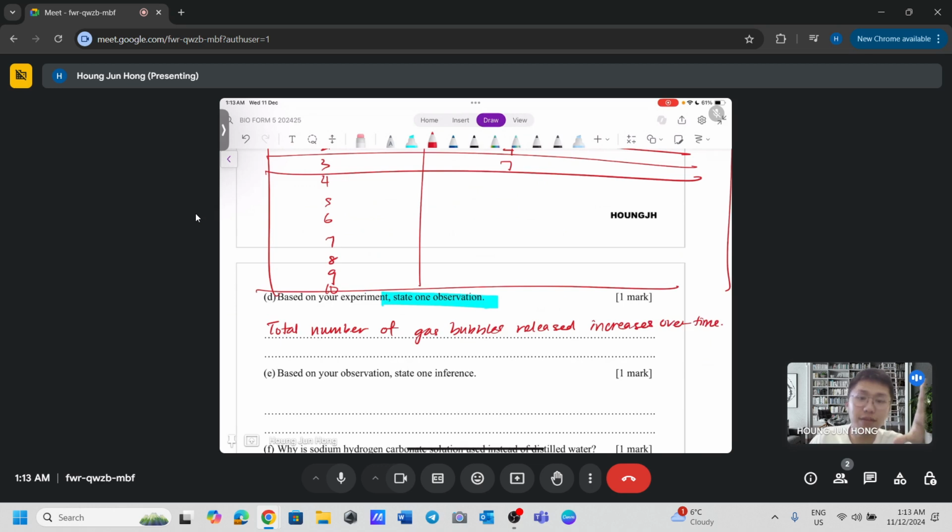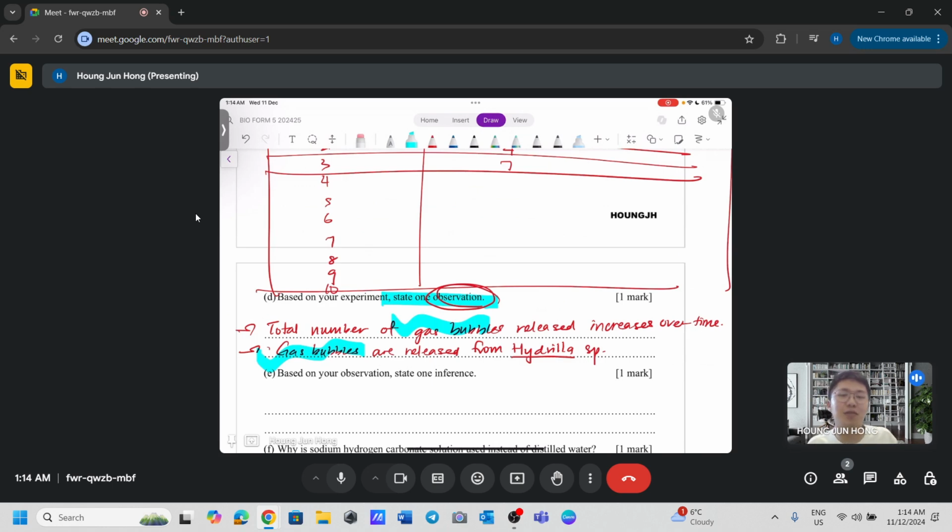Or even simpler, what do I see? I see that gas bubbles are released from the hydrilla species. As simple as that also works. Either way, it's the same thing. It means the bubbles are coming up more and more, which is why you have an increased total number. That is the idea for this observation: more and more bubbles.